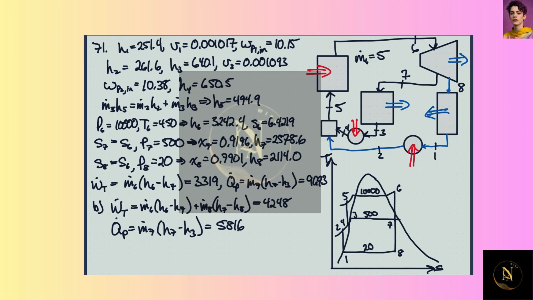So we can figure out what H5 is. We can figure that out because, in the mixing chamber, if we have mixing here, we're assuming we have some flow there, so that we're utilizing the flow coming in from here.